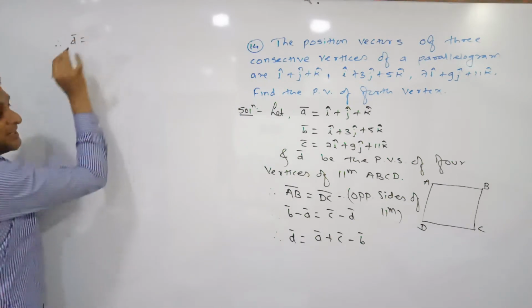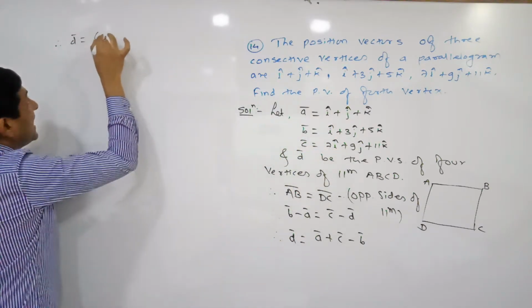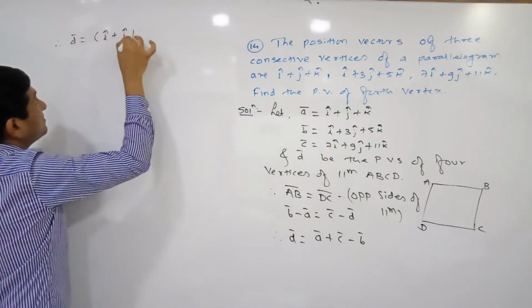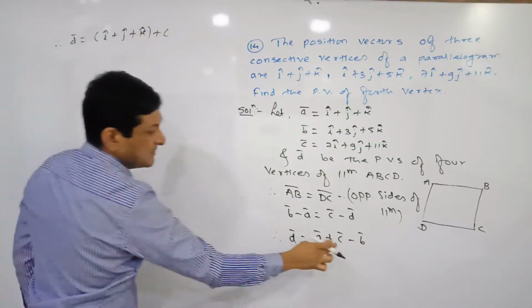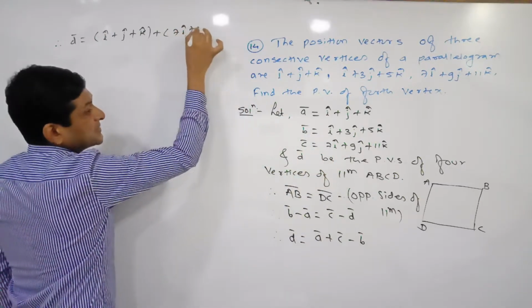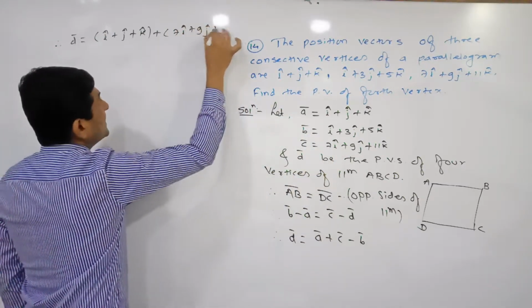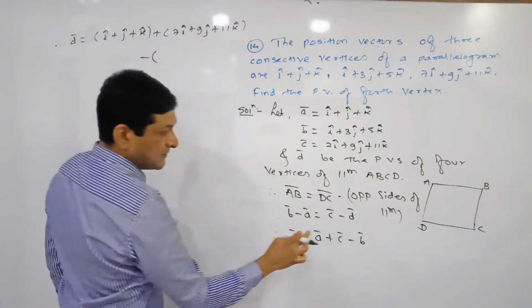So therefore D bar is equal to, I am replacing A bar by its value. What is the value of A bar? I cap plus J cap plus K cap, plus the value of C bar. C bar is equal to 7 I cap plus 9 J cap plus 11 K cap, minus which vector? D bar.